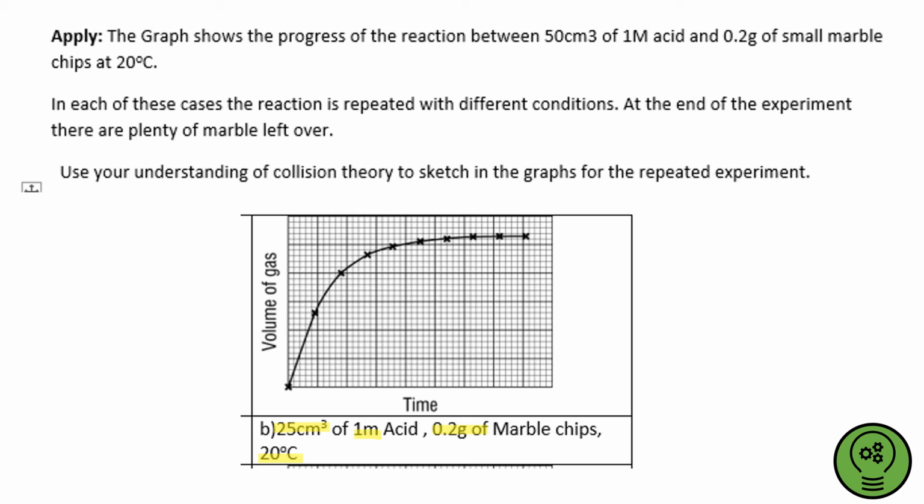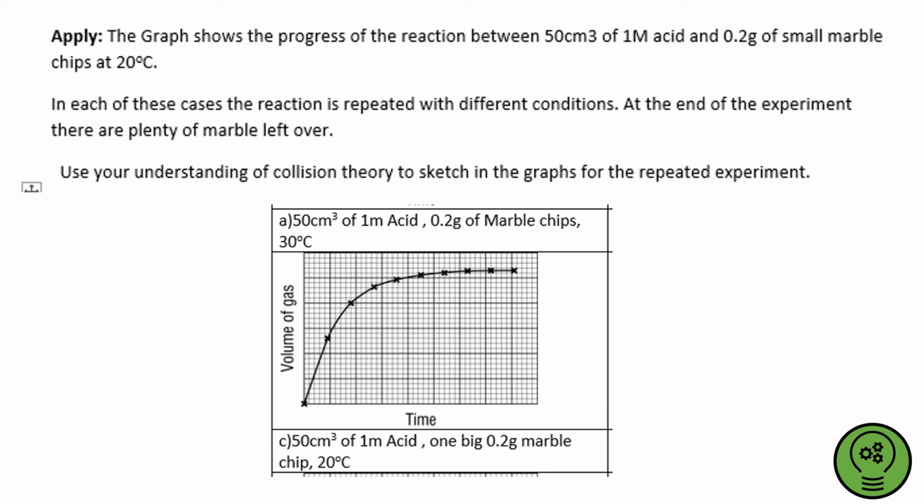I've just got half the amount, so I'm actually probably going to make half the products. So it's probably going to start off in a similar way, but it's just going to only make half the amount. That could be a little bit lower down, couldn't it? But it's about half the amount. Hopefully that makes sense. I don't have as many reactants. I don't have as many ingredients. I can't make as much.